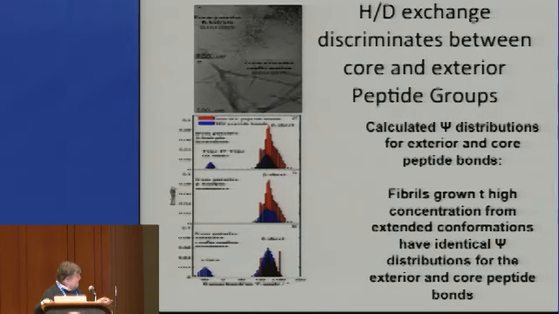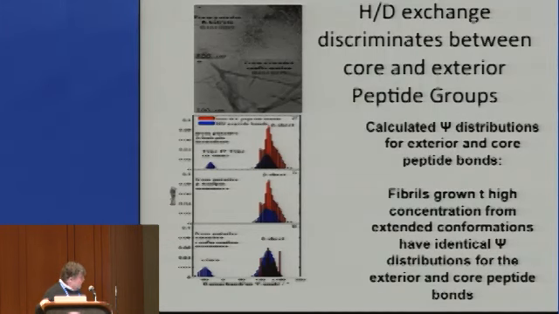And so, for example, these are peptides grown from the PP2 and 2.51 conformations, seeded by the beta sheet fibrils. And you see the core, which is one color, and the outside, which is another color, have quite different distributions.